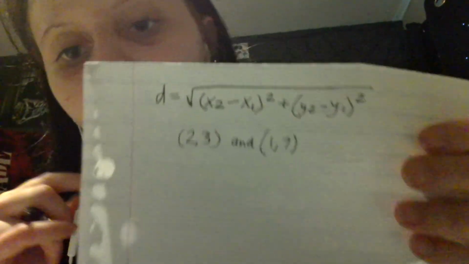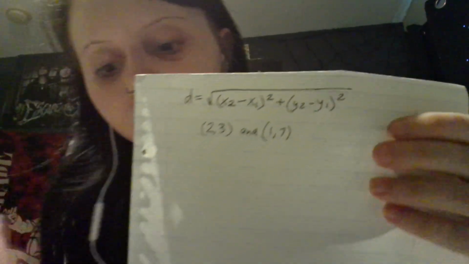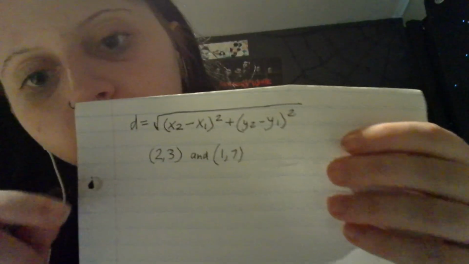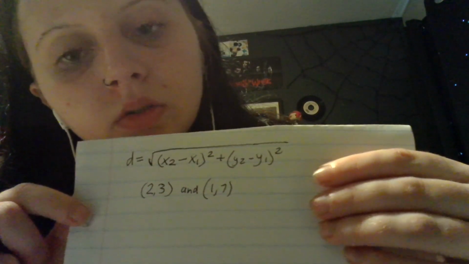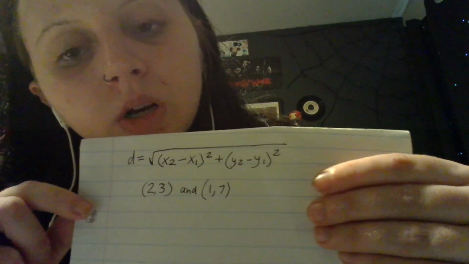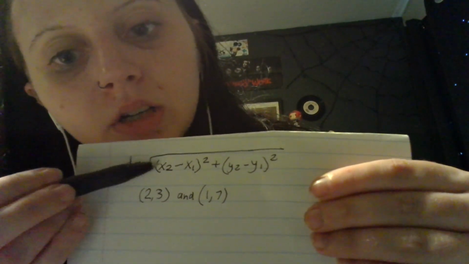So first the first step is labeling x1, y1, and x2, y2, because we need to plug it in to these equations. So 2 would be x1, and then 3 would be y1, and then the next set would be x2 for the 1, and then y2 for the 7.